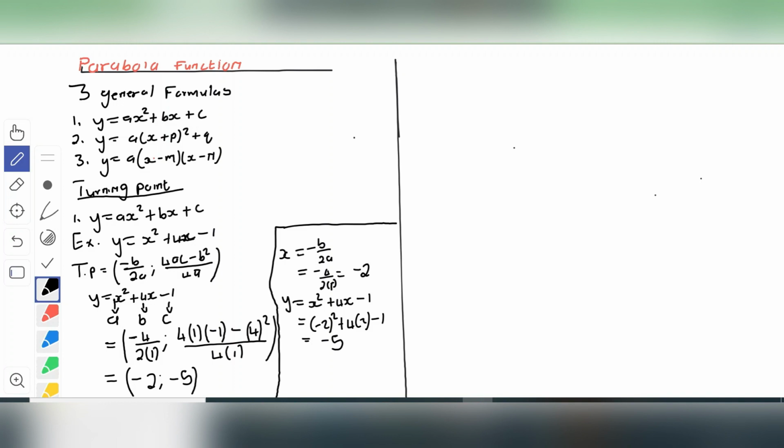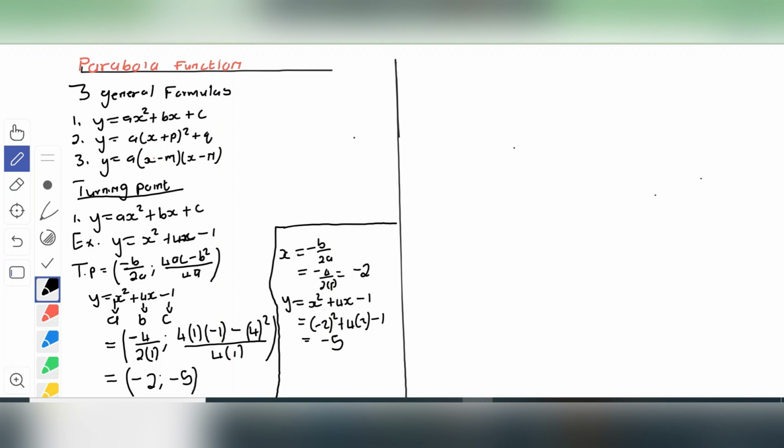Therefore, after finding it, where we see x, we are going to replace it with negative 2, to find our y value, the y coordinate of the turning point, which is negative 5, right, guys?